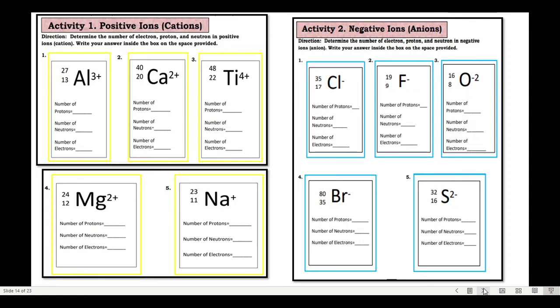Baliktad naman sa anion. Pag kinukuha mo yung electron, atomic number, mag-a-add ka dun sa charge kahit na ang symbol niya ay negative. Kasi anion means gain. So, ibig sabihin, nagdagdag ka. So, yun yung iisipin nyo. Okay, nagdagdag ka, so mag-add ka.